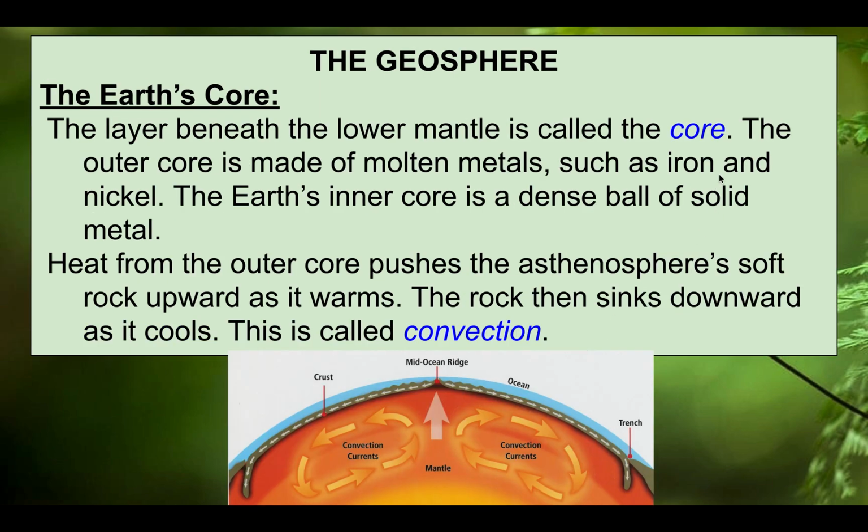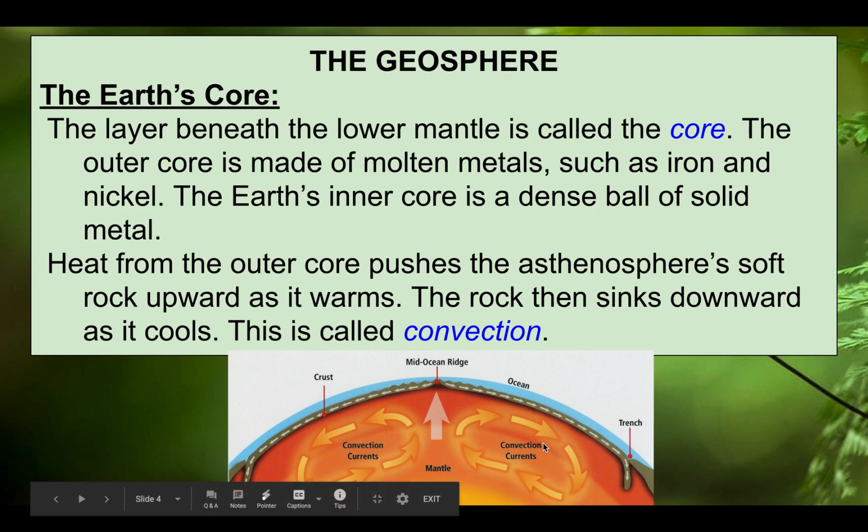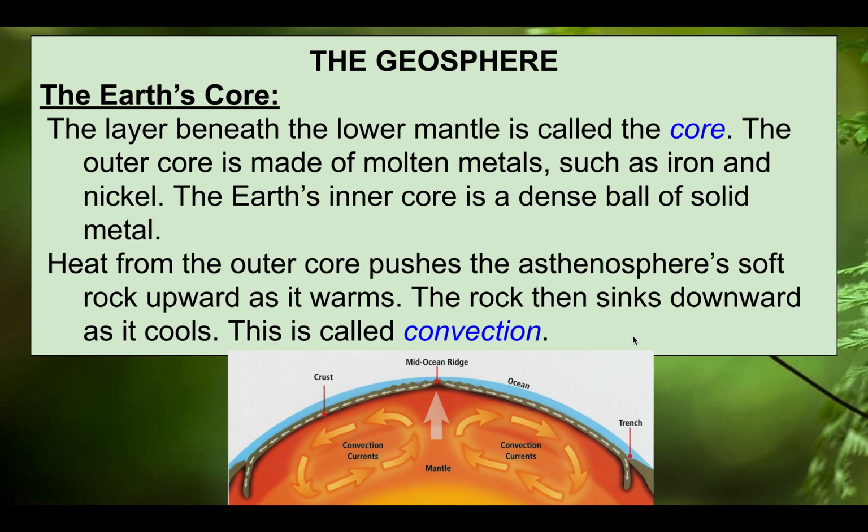The geosphere also includes the Earth's core. This is the layer beneath the lower mantle, and it's made of molten metals such as iron and nickel. The inner core is a dense ball of solid metal. Heat from the outer core pushes the asthenosphere's soft rock upward as it warms.